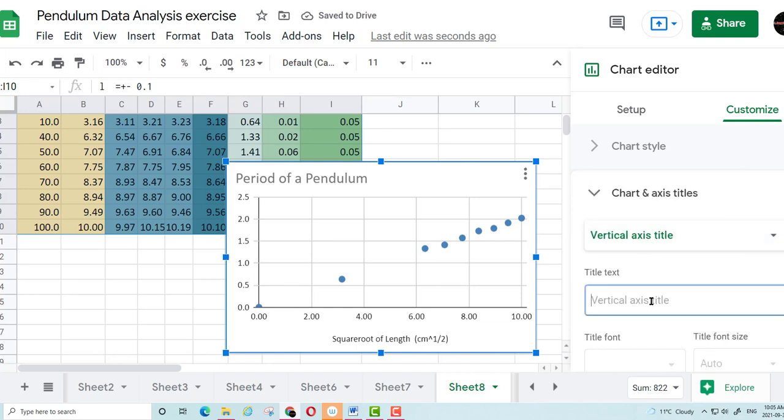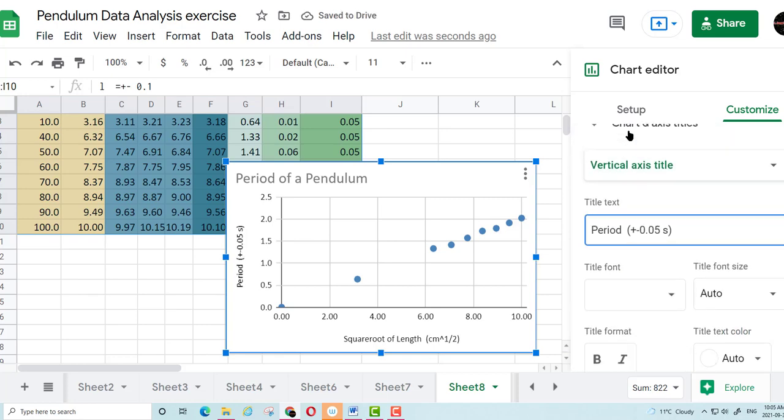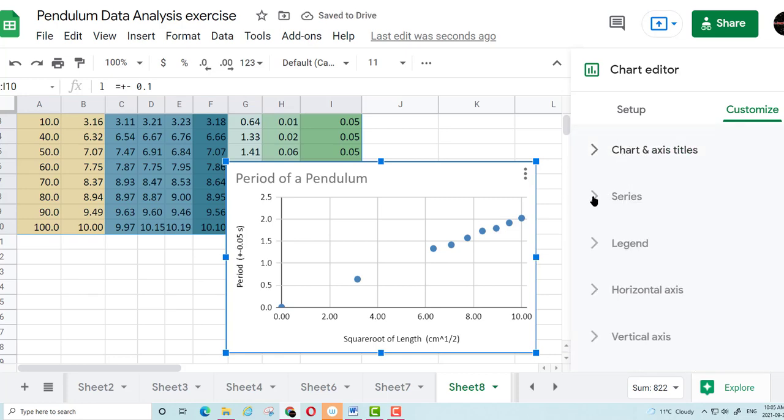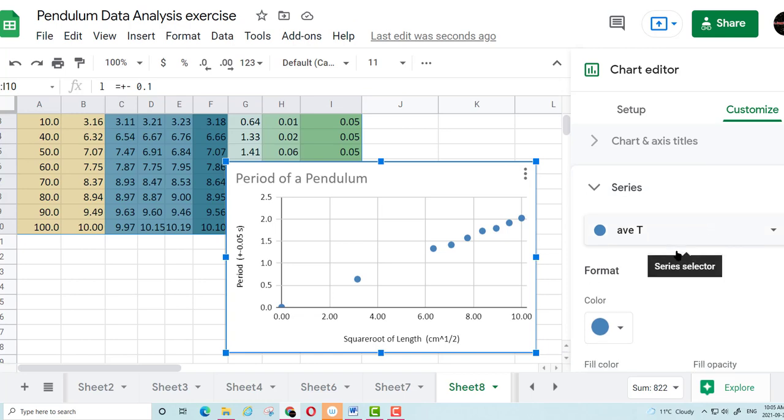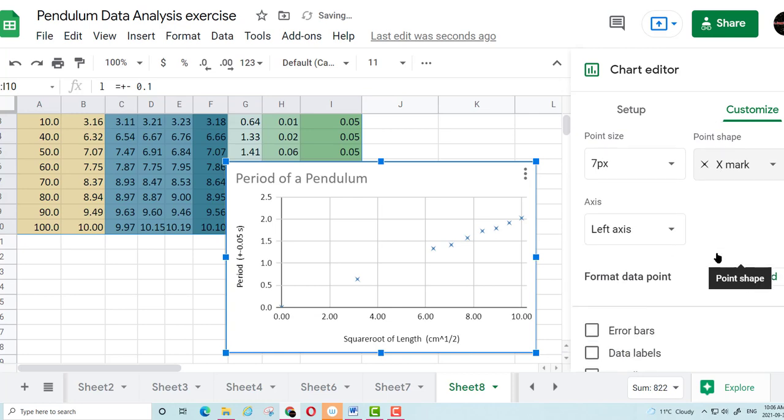My vertical title is going to be the period in seconds, and I can use that 0.05 seconds as my plus minus. Once again, I prefer the X marks.